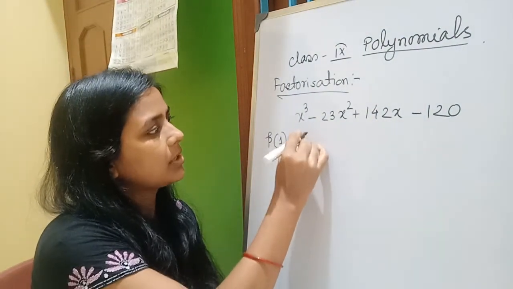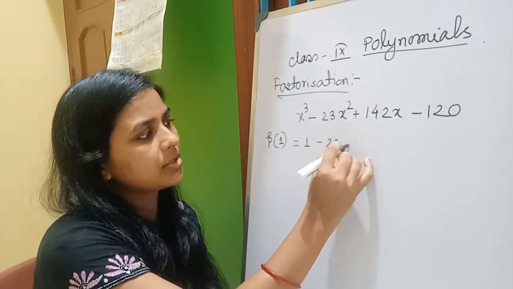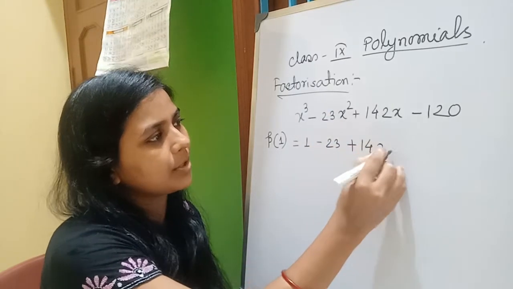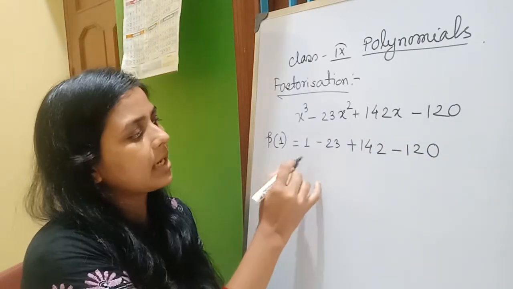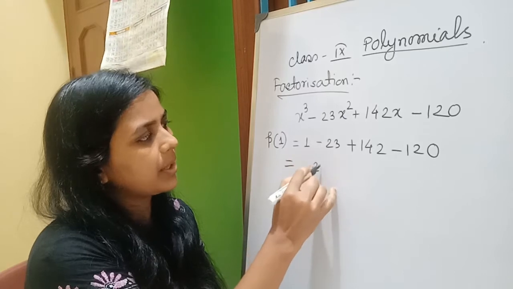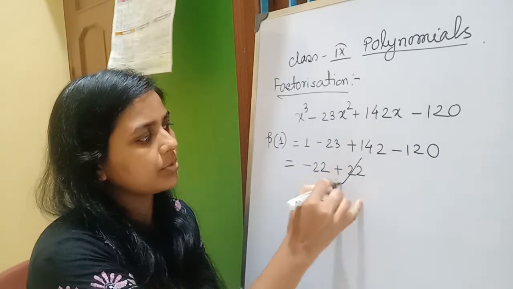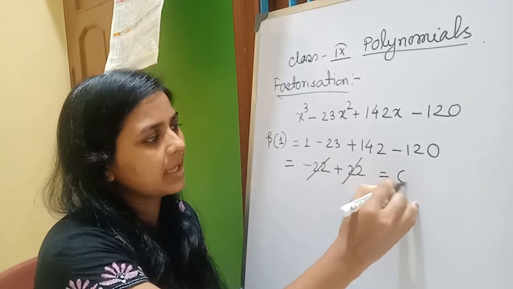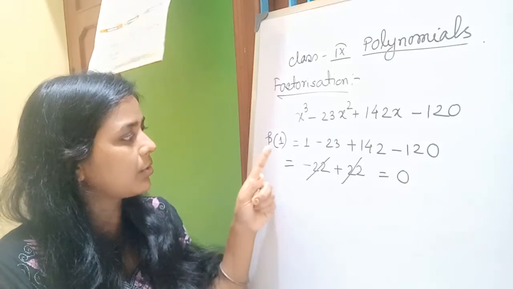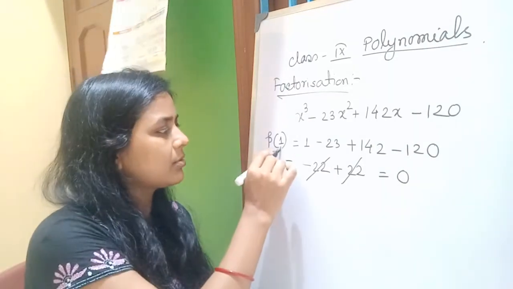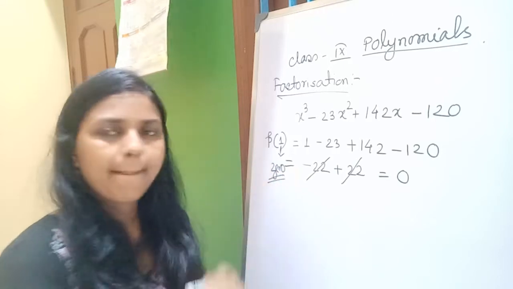It means 1 cube is 1, minus 23 into 1 square, that means minus 23. So ultimately we are getting minus 22, and this portion is plus 22. So 22 cancels, that is 0. Once we have got 0, that means 1 is a zero of the polynomial.